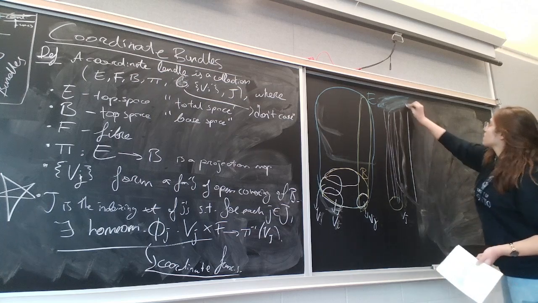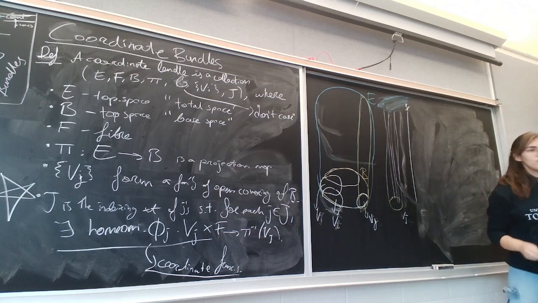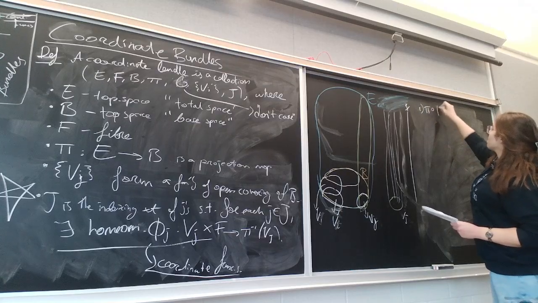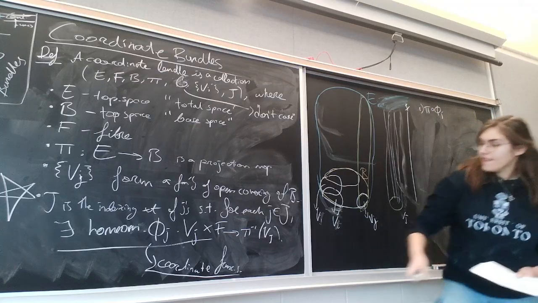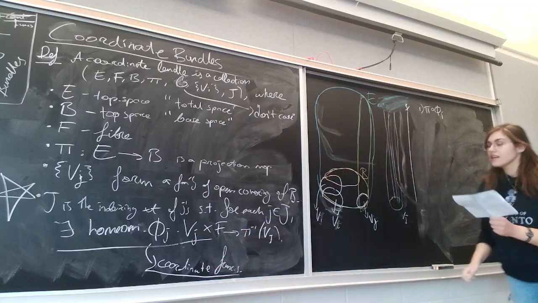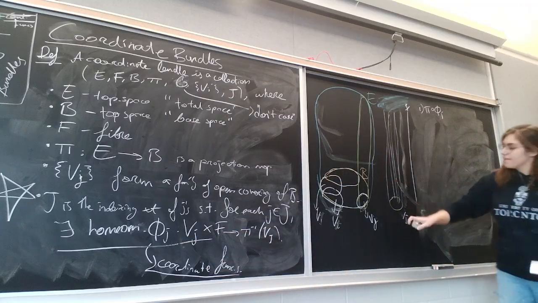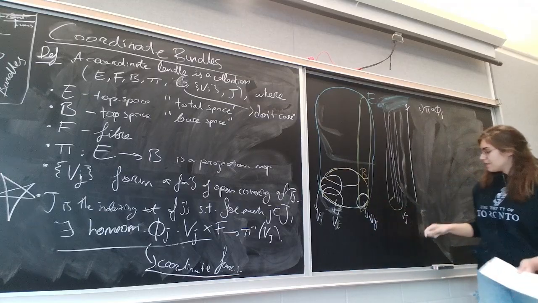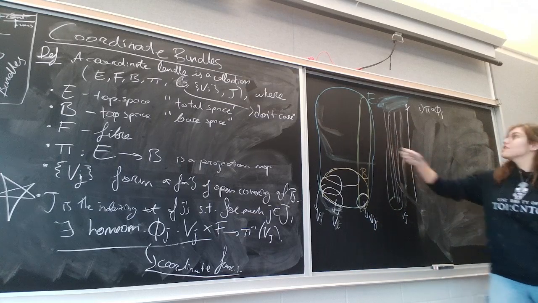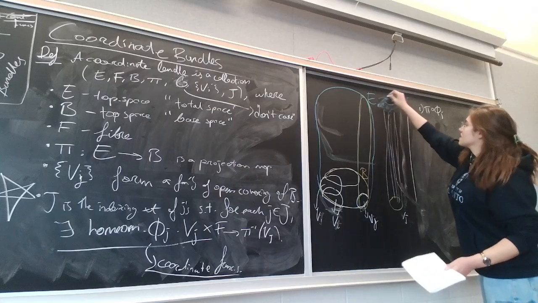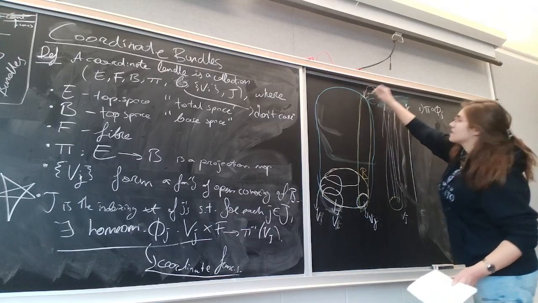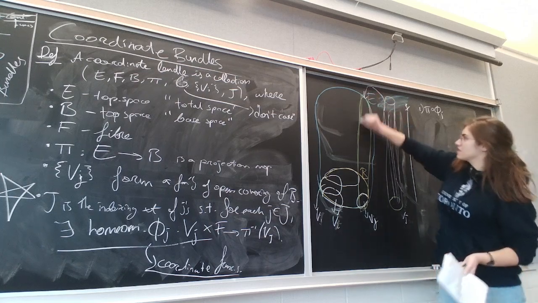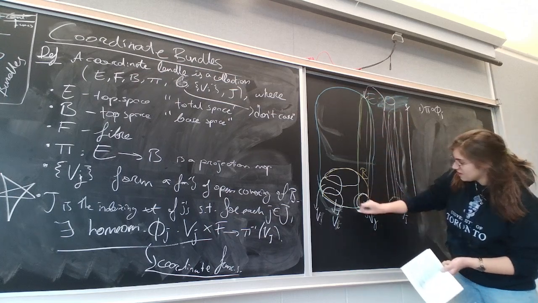This was our F. Now we can say a few things about this. The first thing we can say is that if we take this times F, this part inside E, this takes this and puts it inside E, and then projection just takes this part and projects it here.